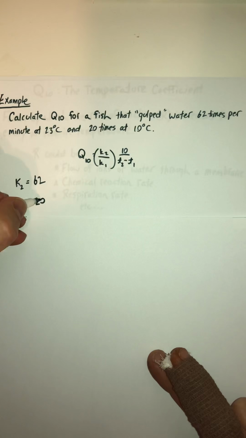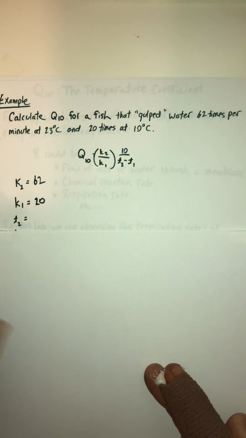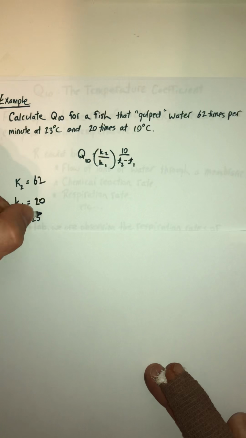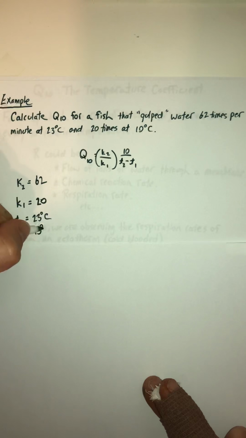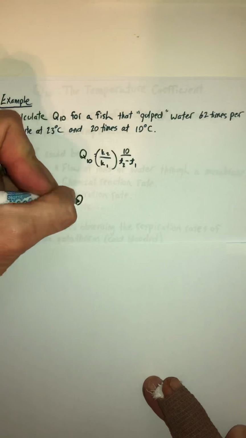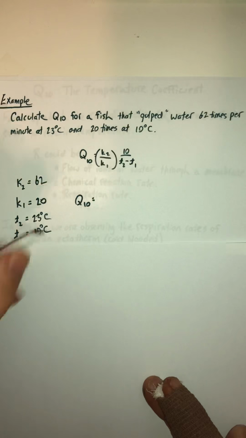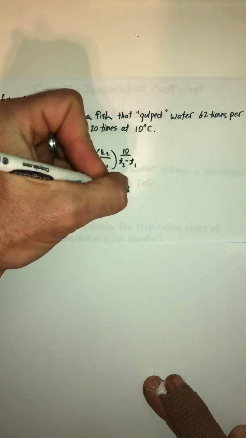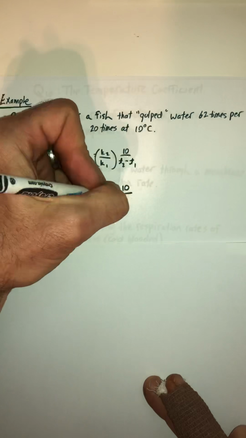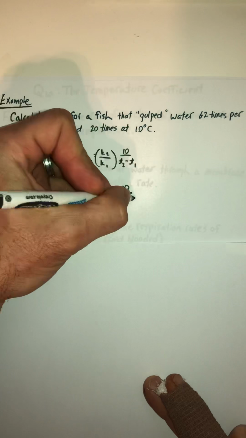So they're gulping way fewer times. The warmer temperature was 23 degrees, and the cooler temperature was 10 degrees. Okay, so we're just going to fill those in. So 62 over 20 to the power of 10 over 23 minus 10.